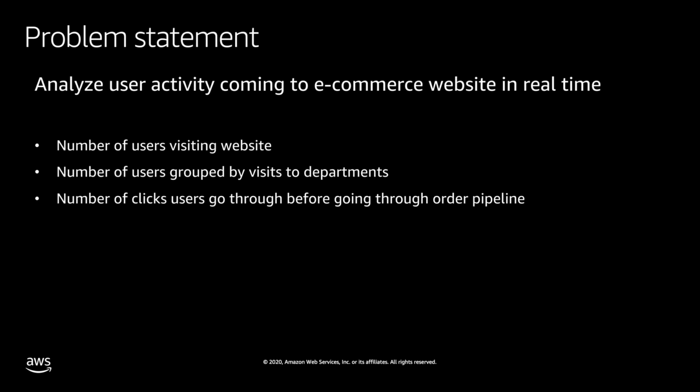In this case, I have a producer, which is a mock producer of clickstream data for an e-commerce site. The scenario is that a user logs into the site, lands on the home page, browses the product catalog, lands on individual product pages, and then either adds the product to the cart or not, and continues to do that until the user either creates an order and does order checkout or abandons the session.